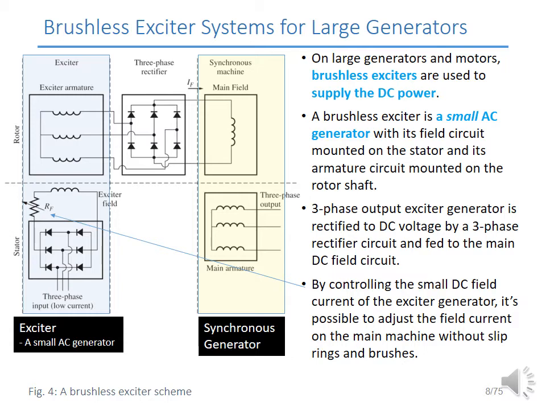This bit here is our synchronous generator, and here is the small exciter. As we can see, the armature circuit of the exciter is mounted on the shaft of this synchronous generator, which means that they will rotate together, while these two parts here are on the stator side.